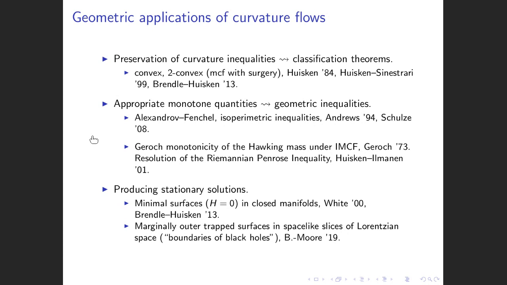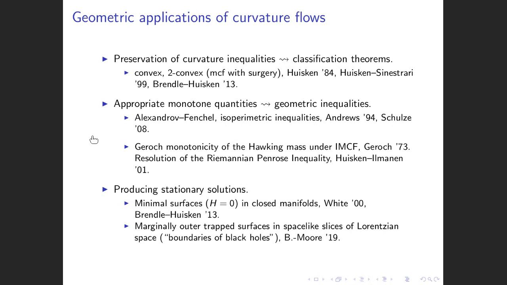This fact was used by Huisken and Ilmanen to show that this is indeed the case under a weak formulation of inverse mean curvature flow, which holds in a very general setting, and this was the main tool they used to resolve the Riemannian Penrose inequality, which again was a very important question in general relativity.